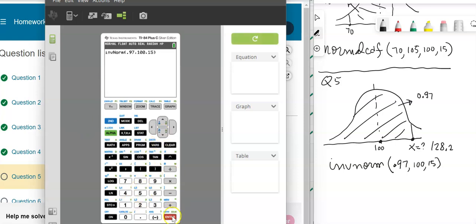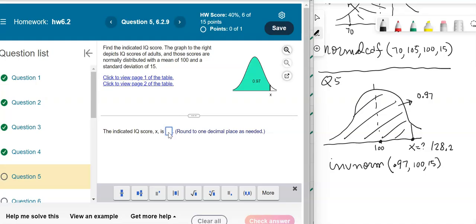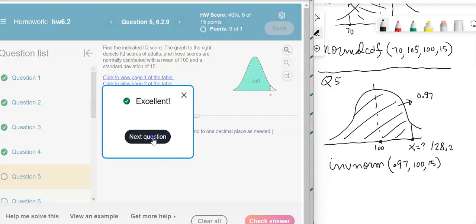You paste, hit enter one more time, and you get the same number, 128.2. So I'm going to put 128.2, check the answer.